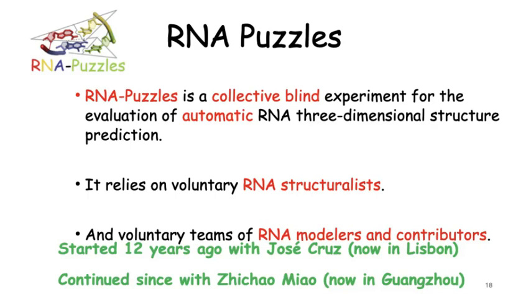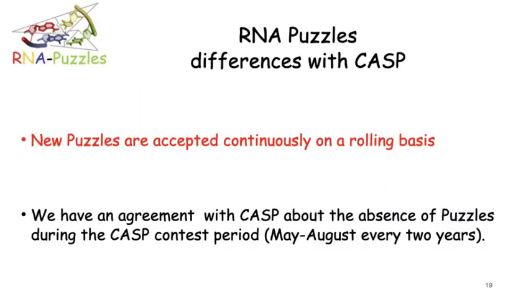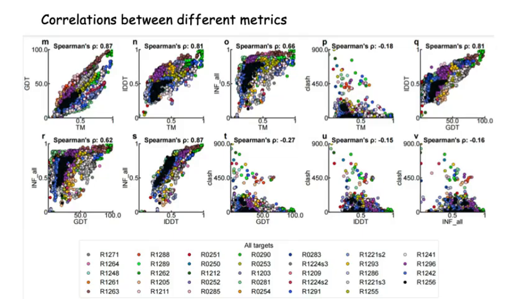There are fewer structural biologists working on RNA; now it is increasing, but they do not come very regularly. If you have to wait every 2 years, we'll have 1 or 2, etc. So in this case, anytime there is a new one we can go at it. And we have an agreement with CASP that during the period of the CASP competitions, we transfer the RNA-Puzzles to CASP.